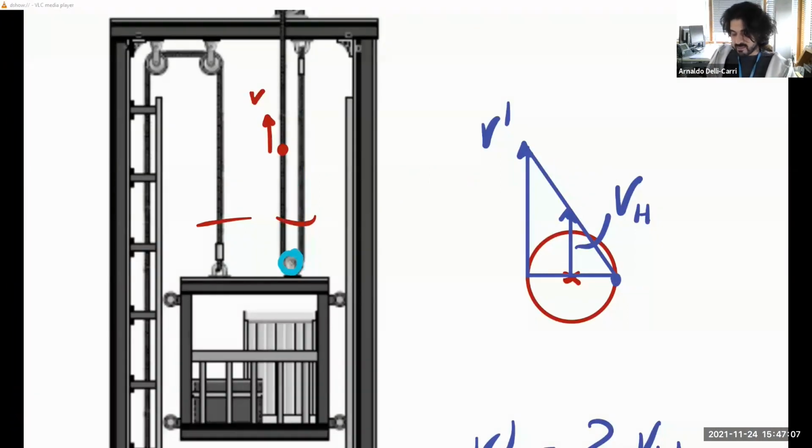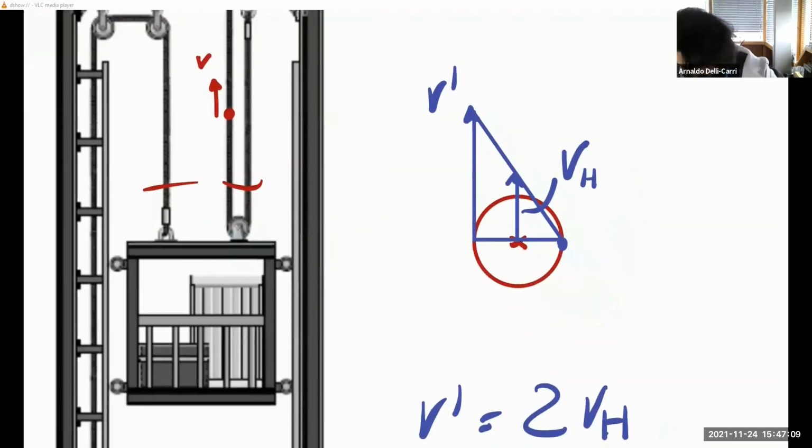So the velocity profile looks like this. This is the pulley. We have rope on one side and rope on the other side. This point is the instantaneous center of rotation because this pulley rotates around this point. The velocity here is the velocity of the hoist itself, in the middle.